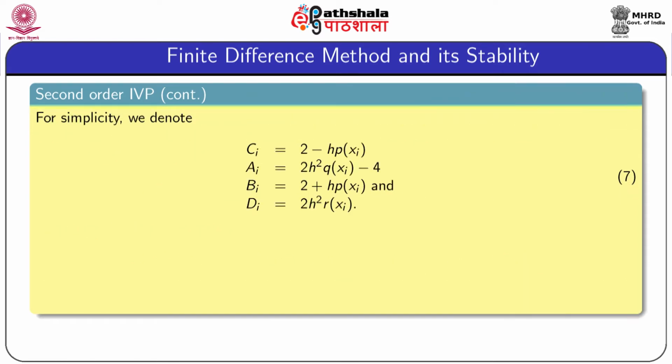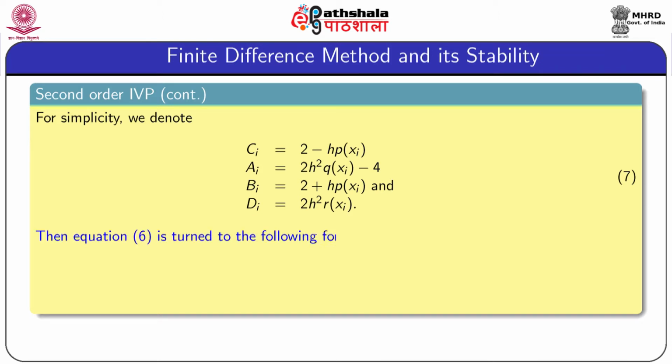For simplicity, we denote the coefficient of yi-1 by ci, which is equal to 2 minus h into p(xi). The coefficient of yi is denoted by ai, which is equal to 2h square into q(xi) minus 4. The coefficient of yi+1 is denoted by bi, equal to 2 plus h into p(xi), and the right hand side is denoted by di, which is equal to 2h square into r(xi).